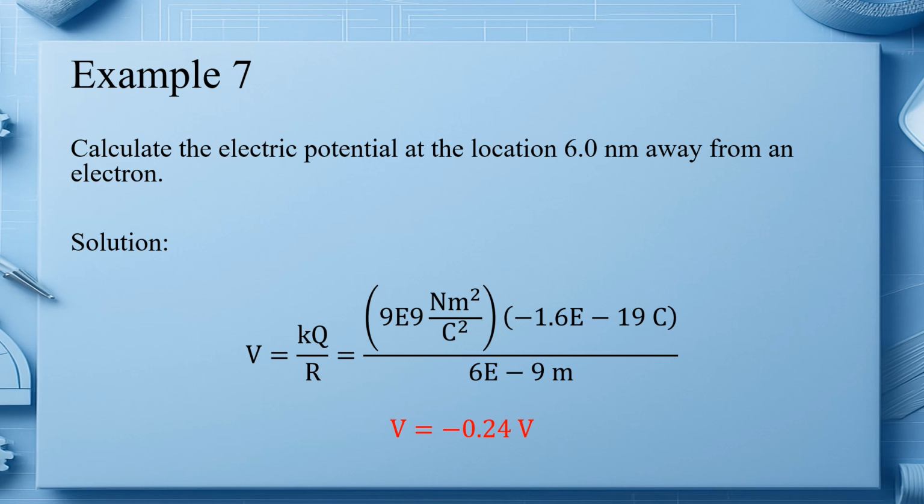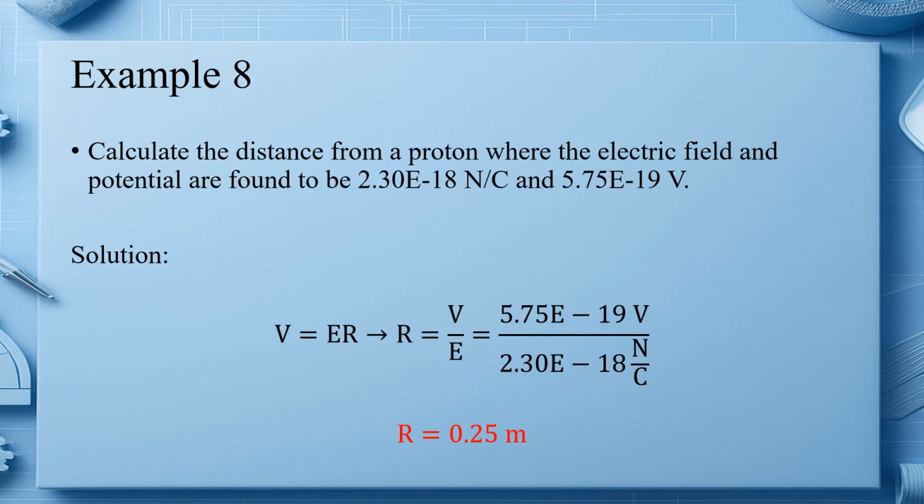So you might get confused as you solve, but there is a table in the introduction to physics that you can actually memorize. You can also search it on Google. So memorize the conversions of units. So our electric potential is negative 0.24 volts.